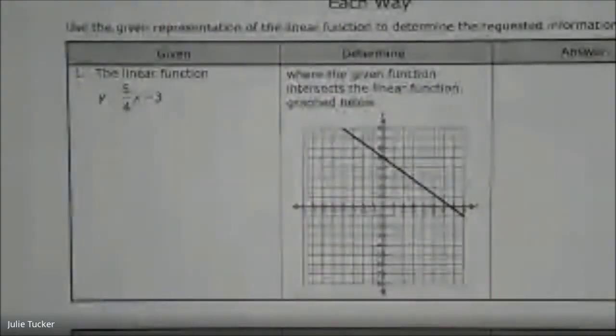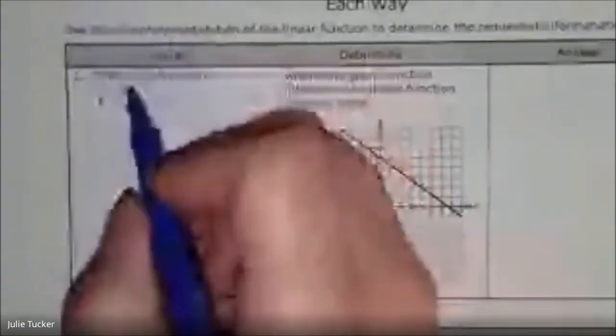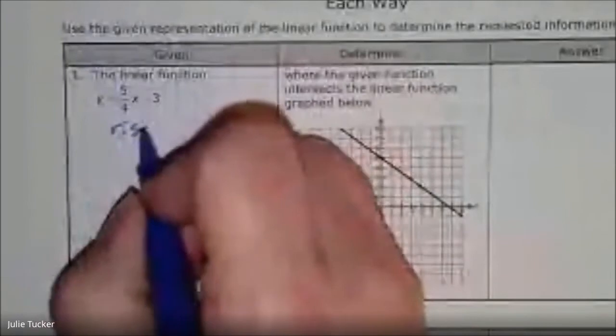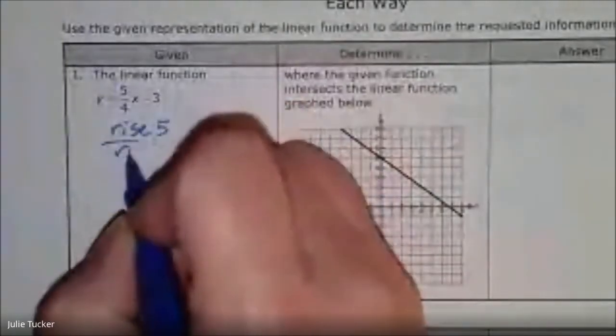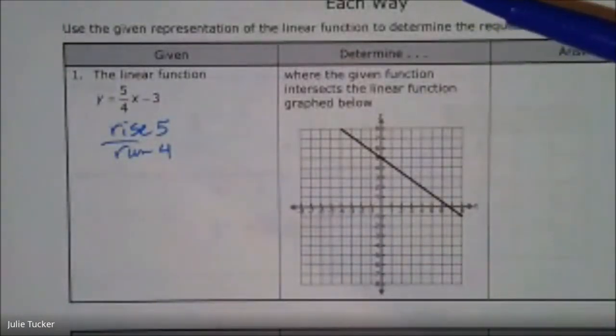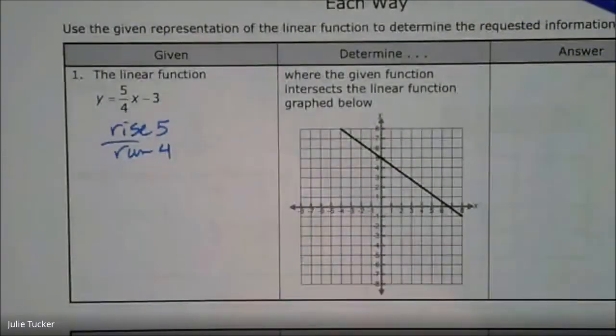Oh, rise over run. I'm so silly. Okay, I got you. My rise is 5, my run is 4. How do I start with slope? Slope gets me to go from one point to another point, but I don't know where to begin with it. It could begin anywhere. So I have to look at the rest of the equation.